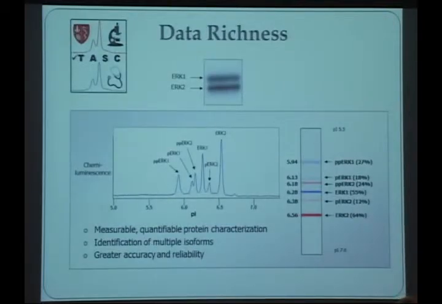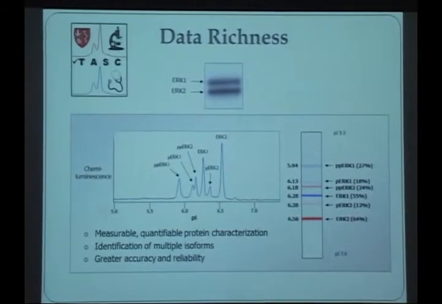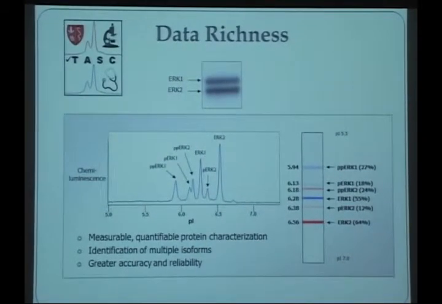Another advantage of this technology is the data richness, which I have mentioned before. Compared to the traditional Western blot, where you see the 2 bands up on top of this slide, say you're looking at your MAP kinase pathway and probing your Western blot with ERK, you're going to get this doublet that most people are familiar with.